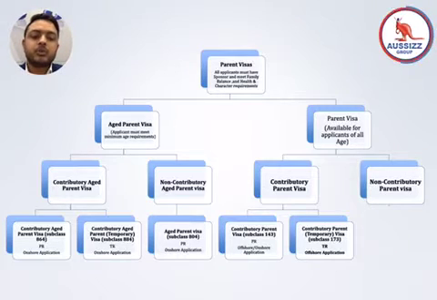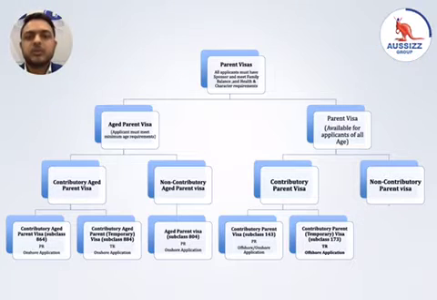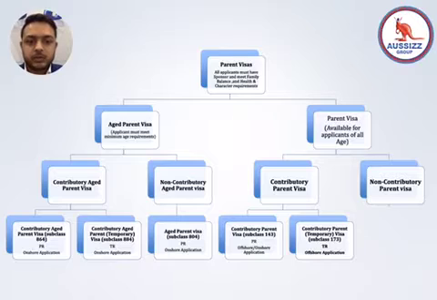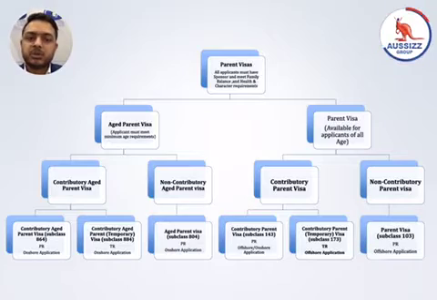Subclass 173 is a temporary resident visa, granted for 2 years, and if the applicant wishes to apply for a permanent visa, which is subclass 143, they can apply for that as well. Under the non-contributory parent visa, the subclass is 103, which is a permanent visa.